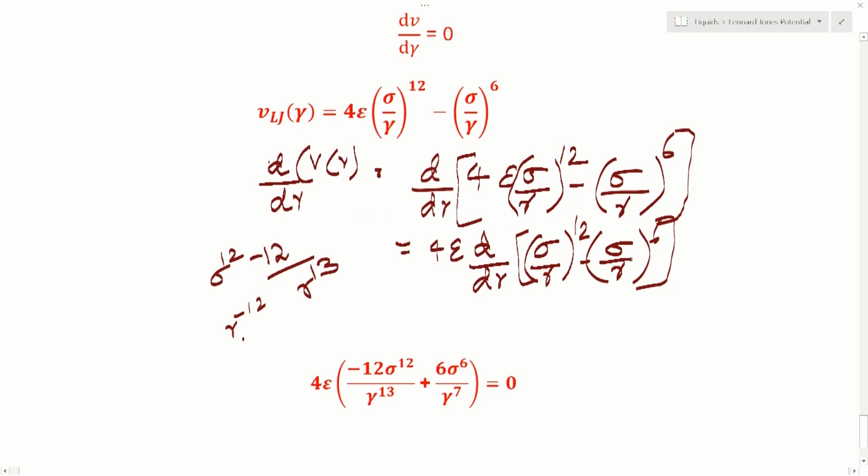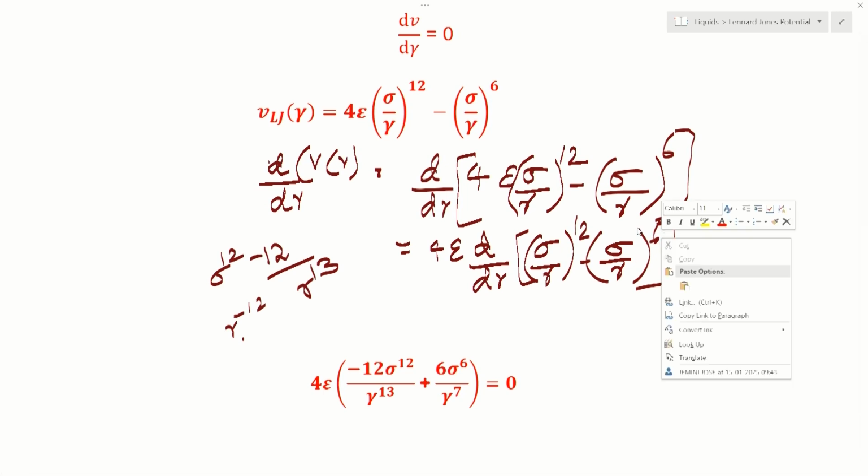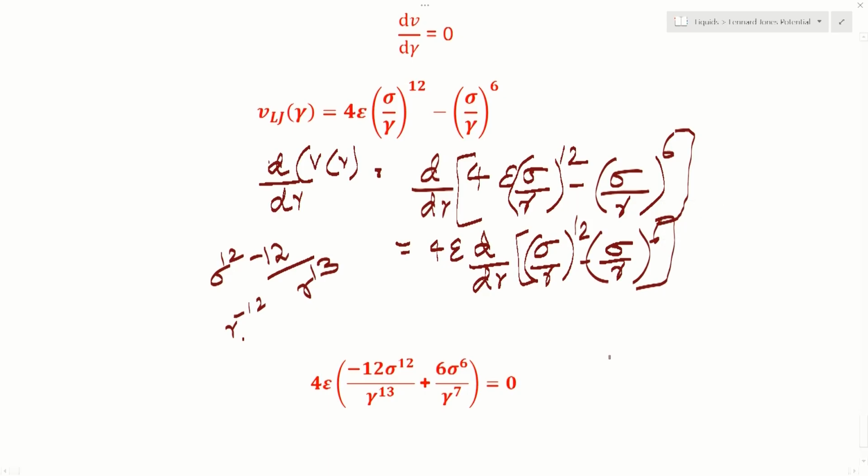Now we have to differentiate (sigma by R) to the power 6. Here also, sigma to the power 6 is the constant, and 1 by R to the power 6 becomes R to the power minus 6.